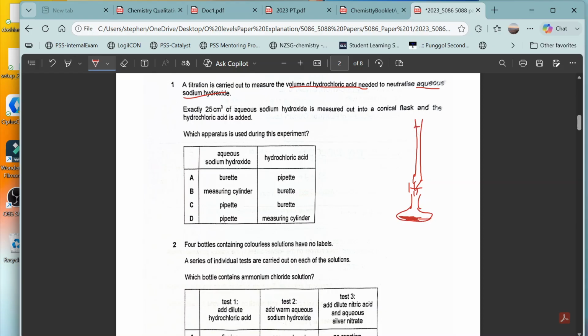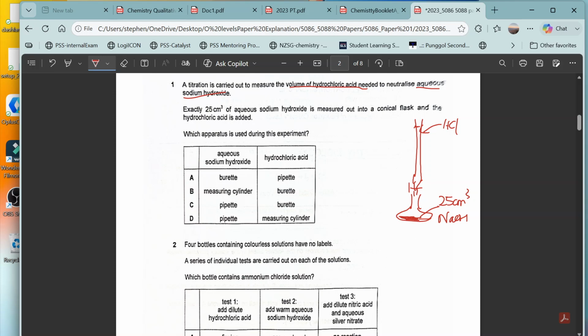With respect to this question, you have 25 centimeter cube of sodium hydroxide, and in the burette you put in acid, right? Acid here is HCl. So they say exactly 25 aqueous sodium hydroxide is measured out into the conical flask, and hydrochloric acid is added.